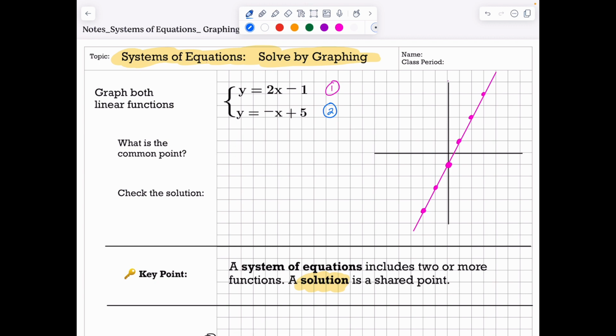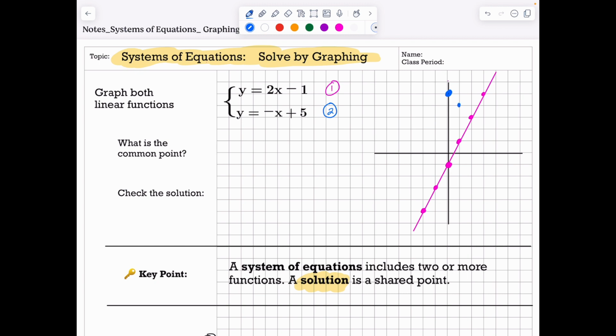So now I'm graphing the second line of this system, and I start with the y-intercept again, so that's 0, 5. So 1, 2, 3, 4, 5. So right here, this is my y-intercept. And then using the slope, negative 1 in this case, down 1 over 1.